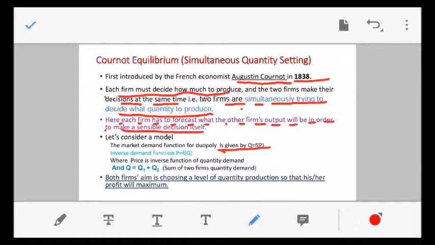Since the oligopoly market has a particular product, say x, the market demand for that product can be given as Q is a function of P, and the inverse demand function can be written as P is a function of Q.